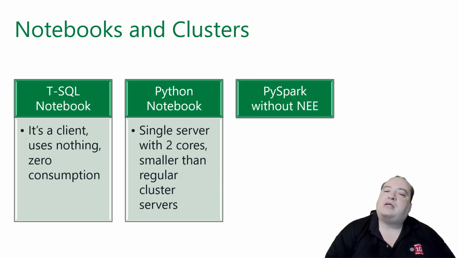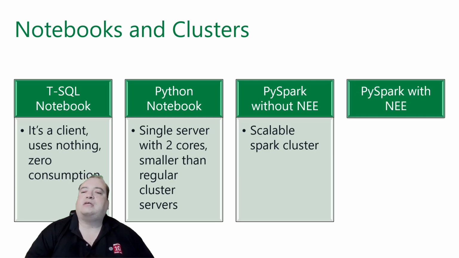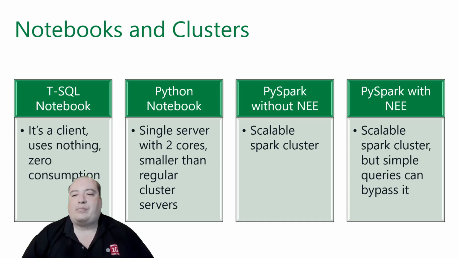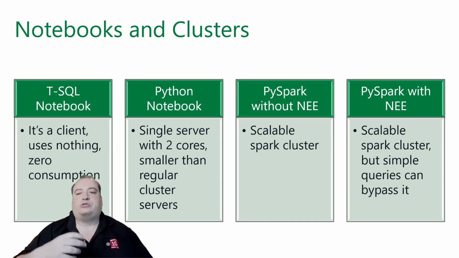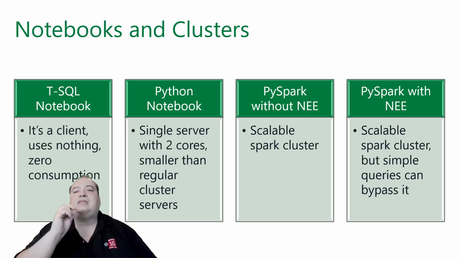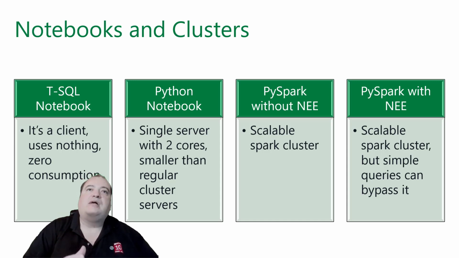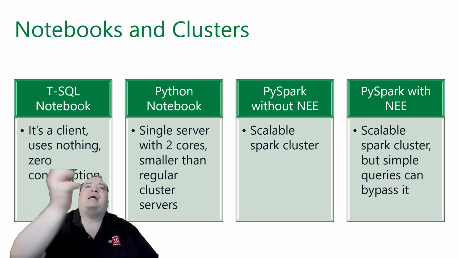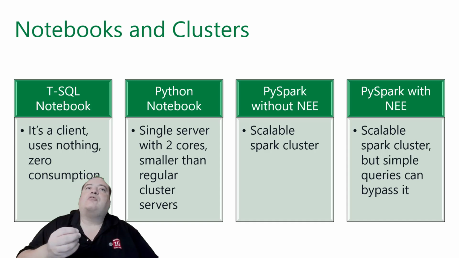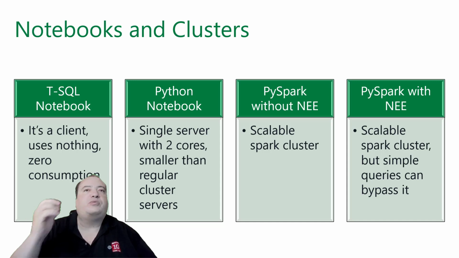A PySpark notebook without the native execution engine uses a scalable Spark cluster. With the native execution engine, what happens? The PySpark notebook can use the Spark cluster, but the native execution engine gives the PySpark notebook the power to bypass the cluster and go directly to OneLake to execute the query.